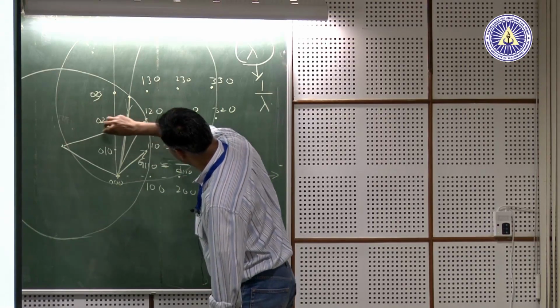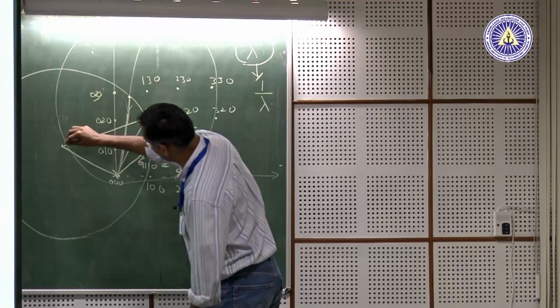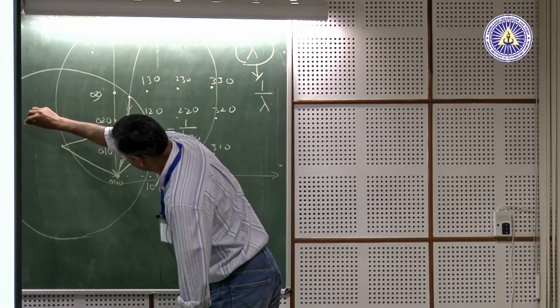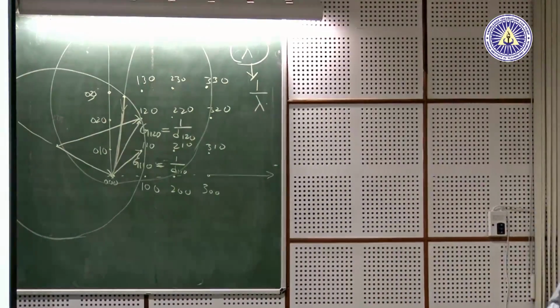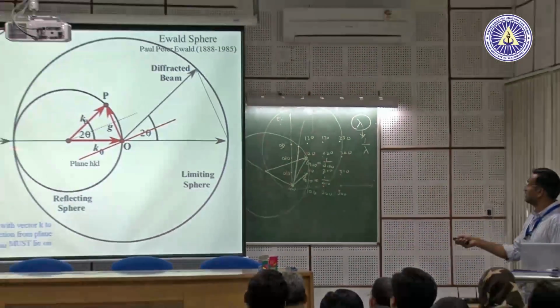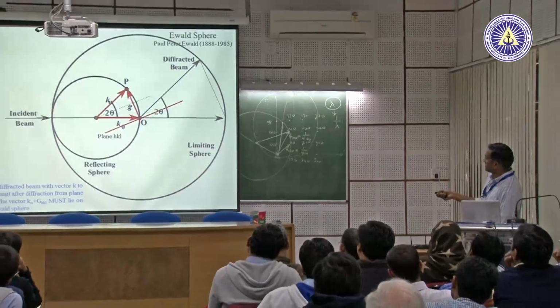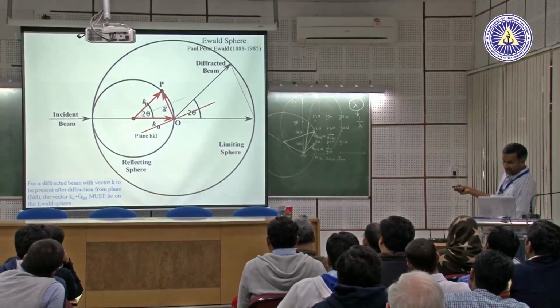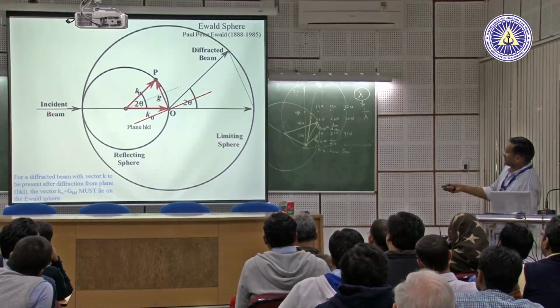If this is the center of the Ewald sphere, and you intersect these two points, then what you are saying is that this is the incoming beam. If you look at that figure now, this is the incoming, incident beam. This is the plane with a certain d spacing whose reciprocal lattice vector is in this direction. So it is a little bit of mixing of real and reciprocal space.